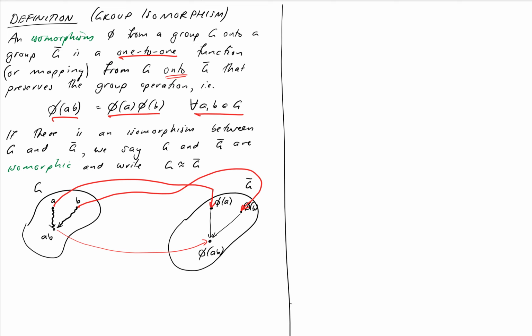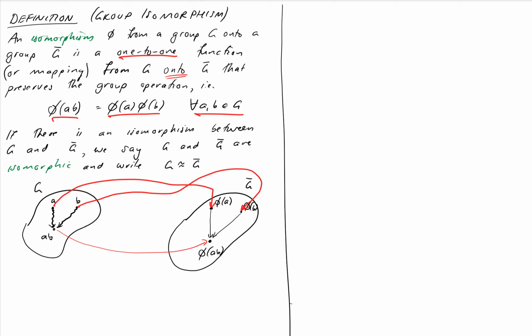It doesn't matter whether I compose a and b together first in G and then map them, or whether I map them first to phi of a and phi of b and then compose them, I'll get the same result regardless.